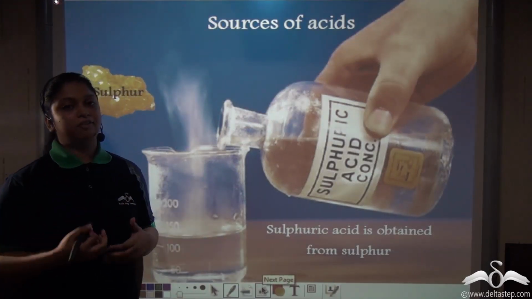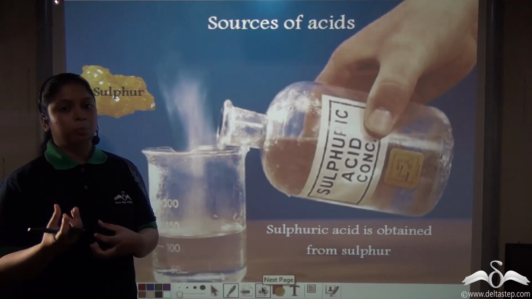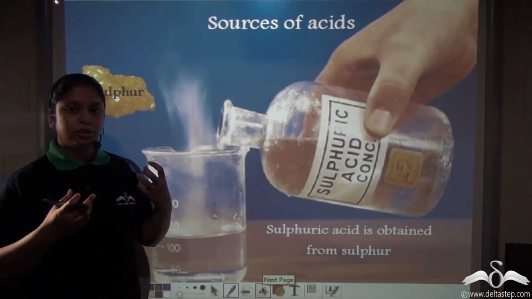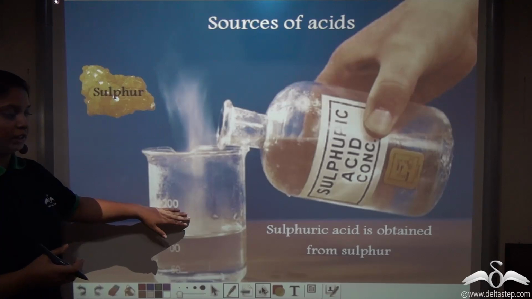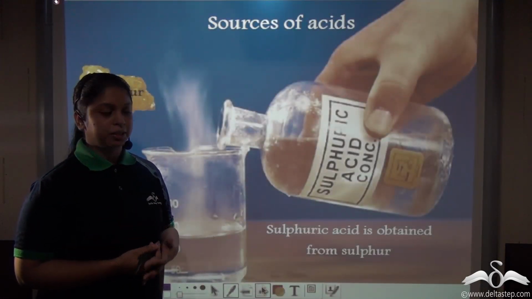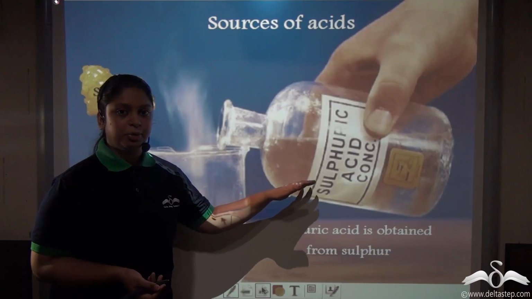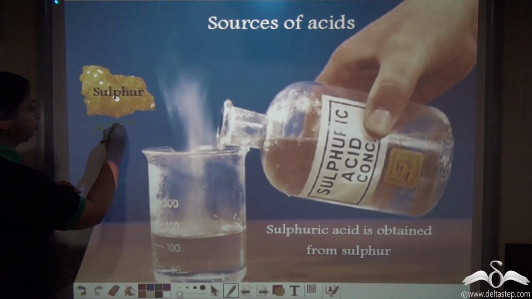Now, acids can have non-biological origin as well, like acids which are obtained from minerals from the earth's crust. One such mineral acid is sulfuric acid. Sulfuric acid is very commonly used in labs. So, this sulfuric acid is basically obtained from a mineral known as sulfur.